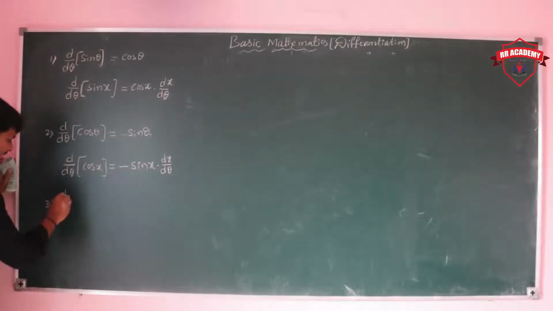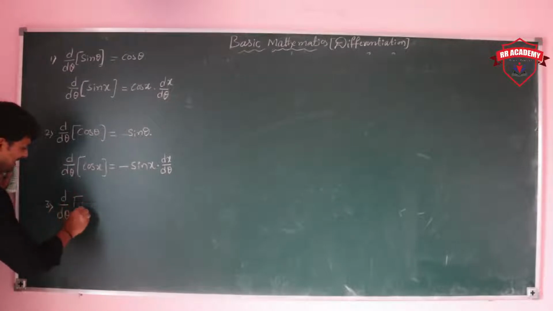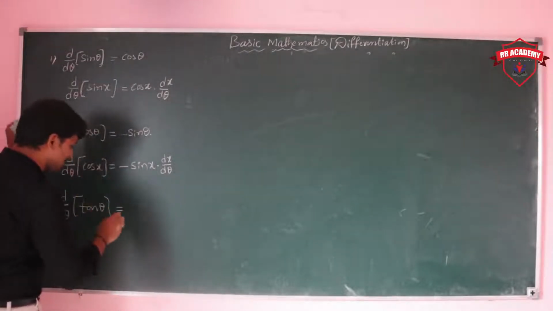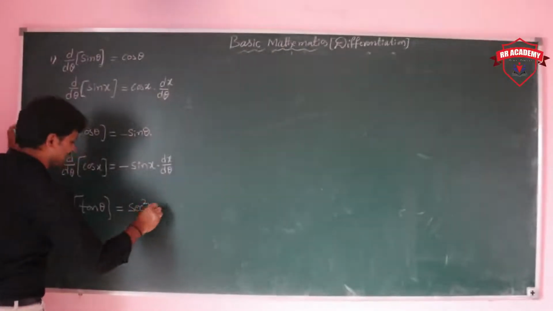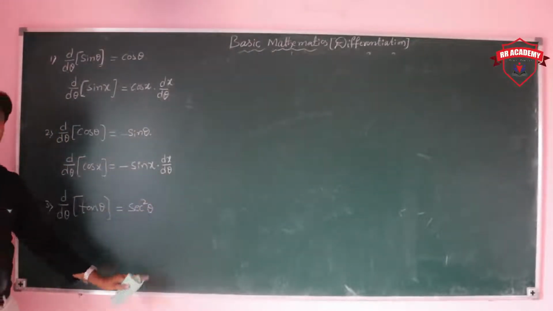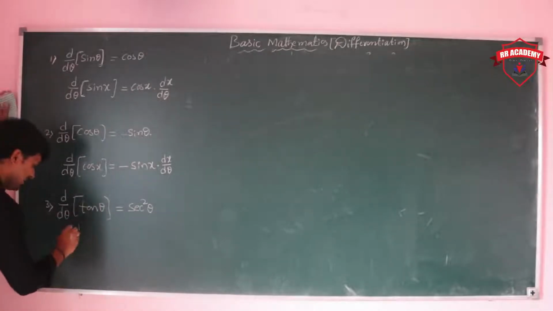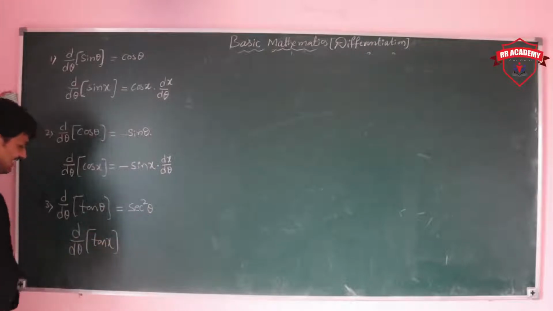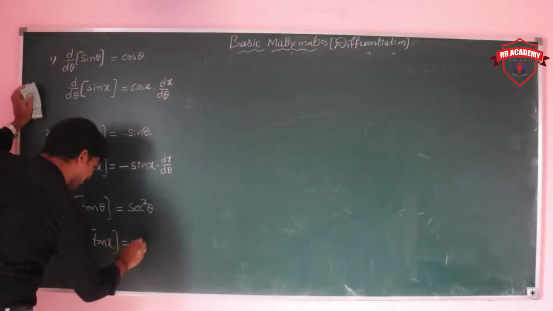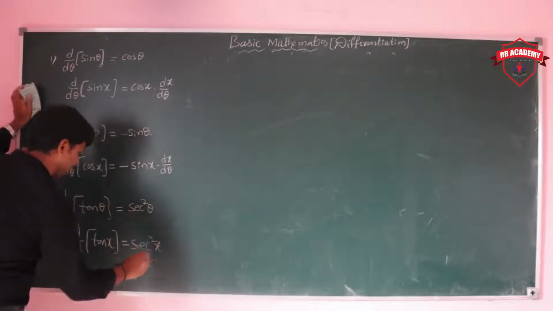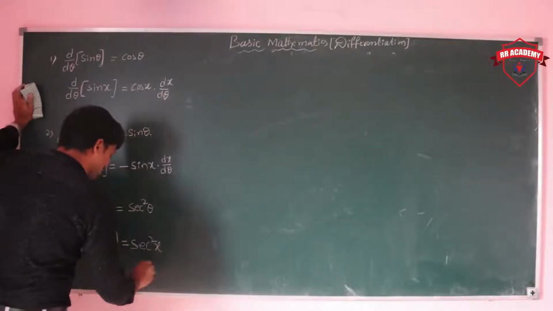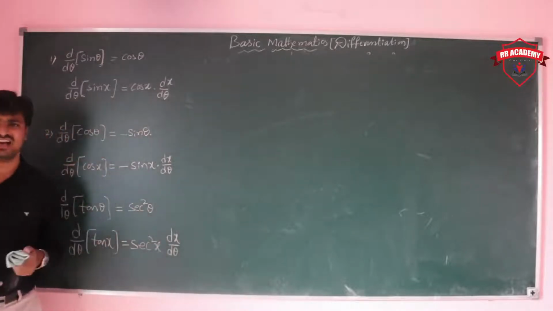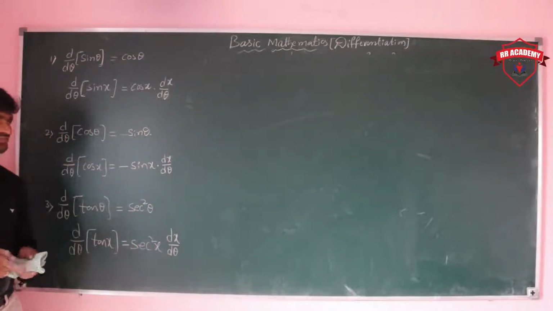Next, d by d theta of tan theta. Tan theta you get simply secant square theta. That's all, again d theta by d theta is 1. D by d theta of tan x: tan x differentiation is secant square x, and x differentiation is dx upon d theta.